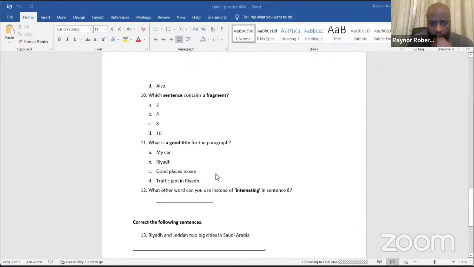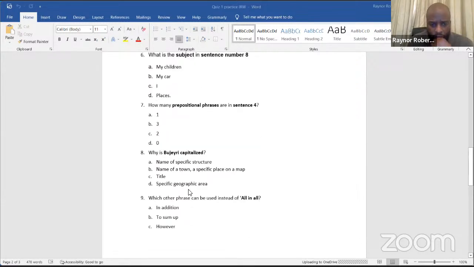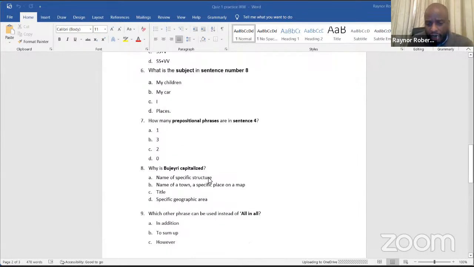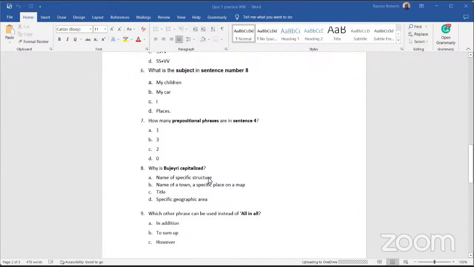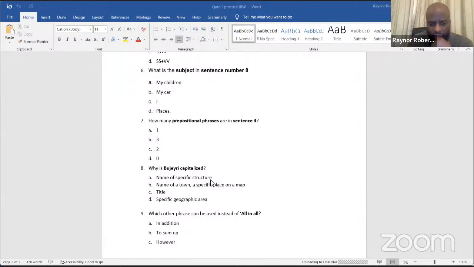But in any way, it's a specific place. I guess B, because it's not a structure, right? It's not a building. So the answer would be B, I'm assuming, because it could be D. That's a bad question because somebody would have to know what Bajara was.